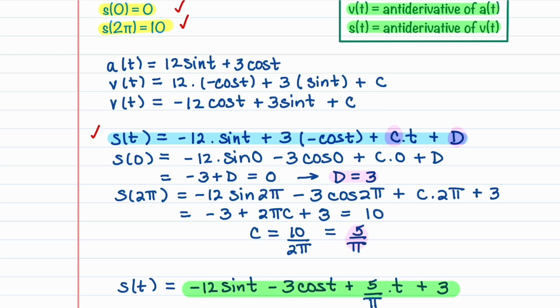And there's our final answer. Remember, with these types of problems, you can always check your answer by taking two derivatives of the position function. That will give you the acceleration, and that will tell you if your answer is correct.